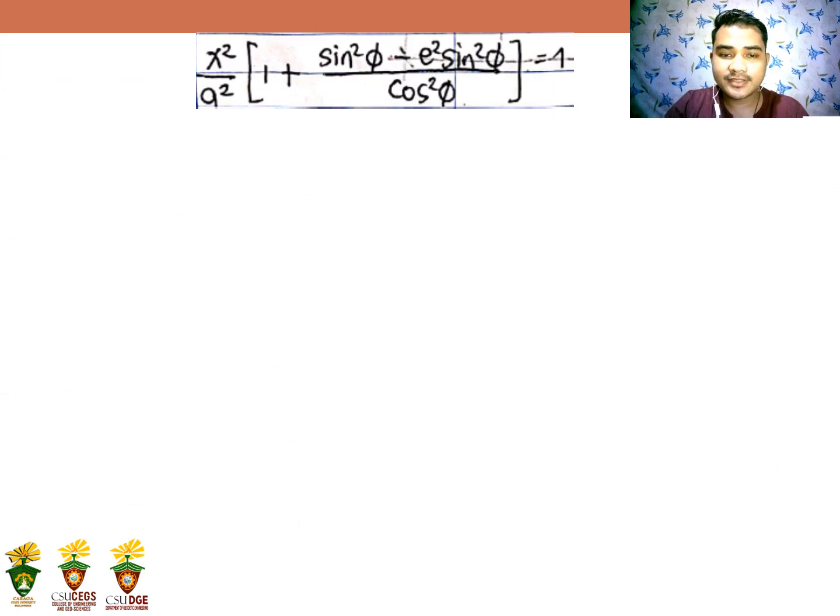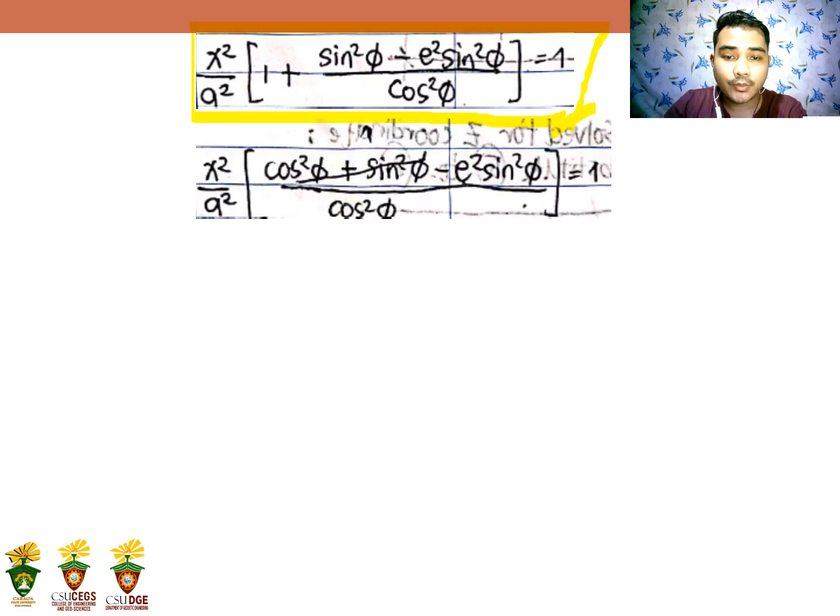Right, so from the previous slide, we ended here nga kaning equation. So to continue, we need to get the common value, or to have a simple addition of fraction. Yan na siya ang concept.